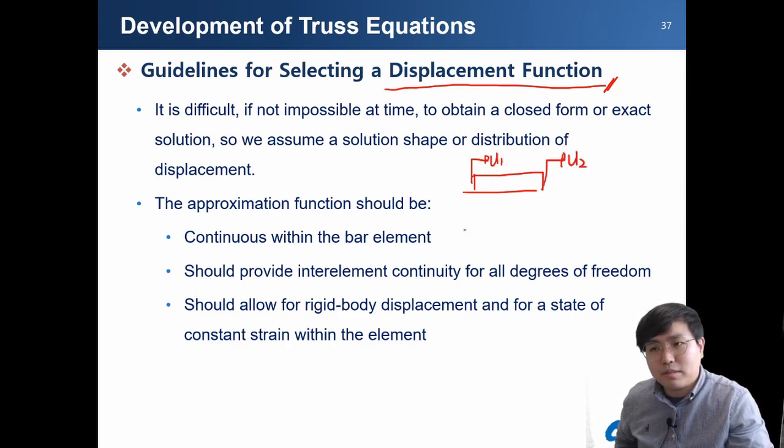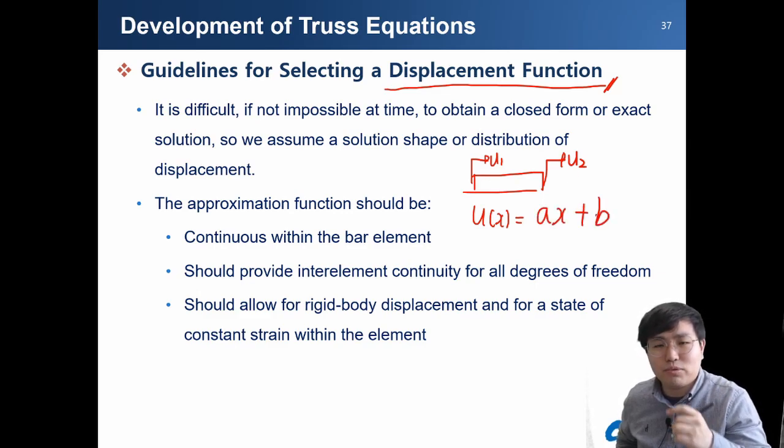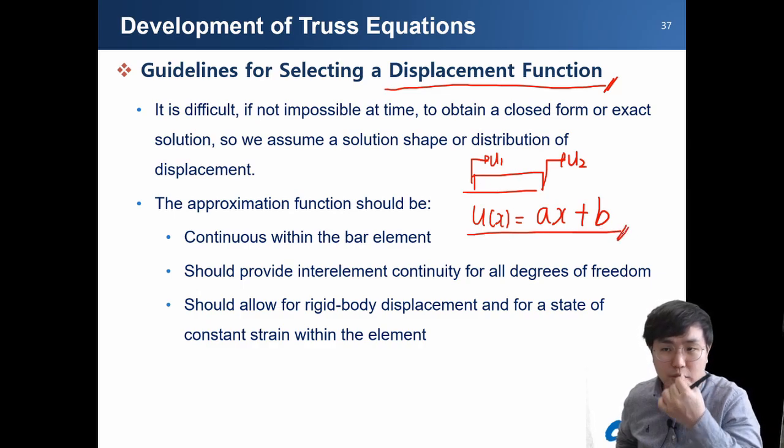However, these displacement variables actually have a relationship depending on their coordinate system. So we can easily define a simple first order polynomial equation, assuming the displacement has this kind of relationship.